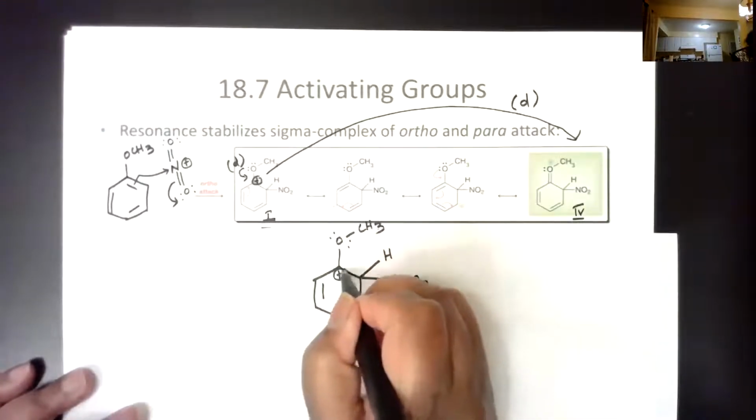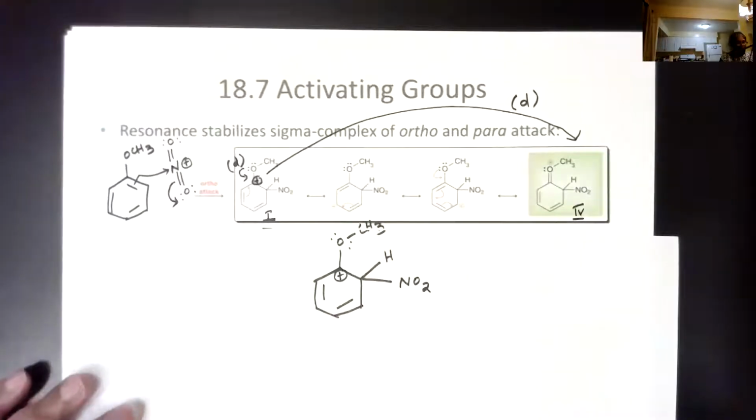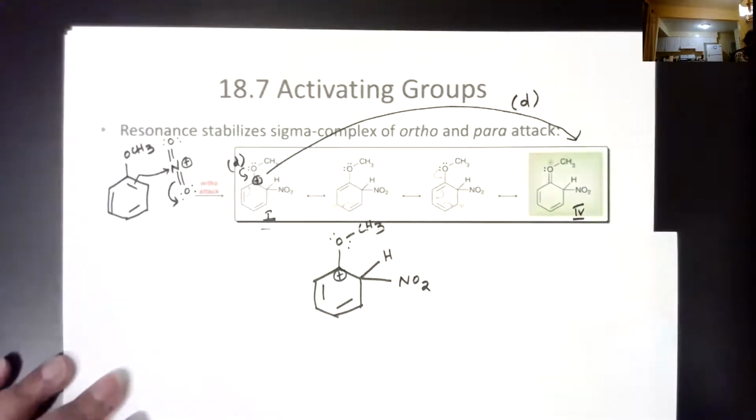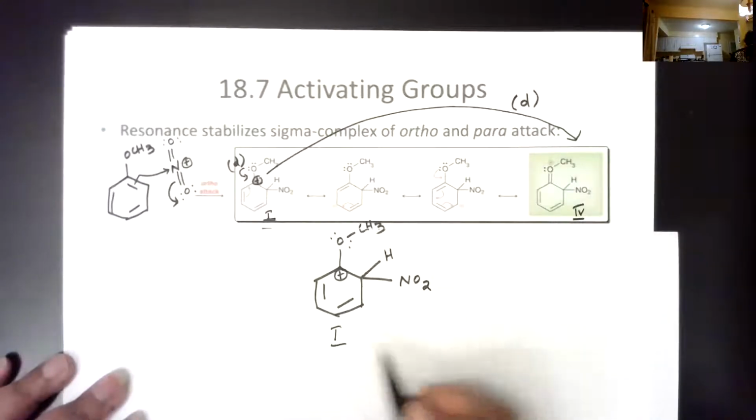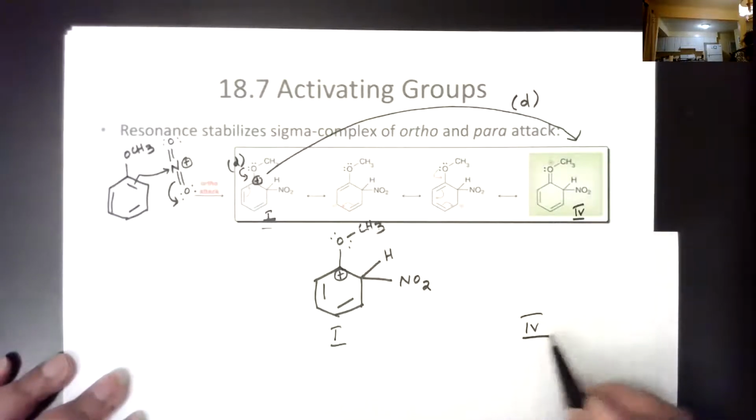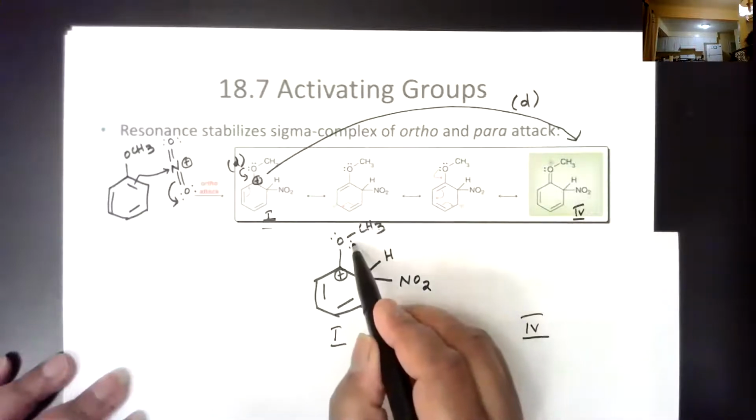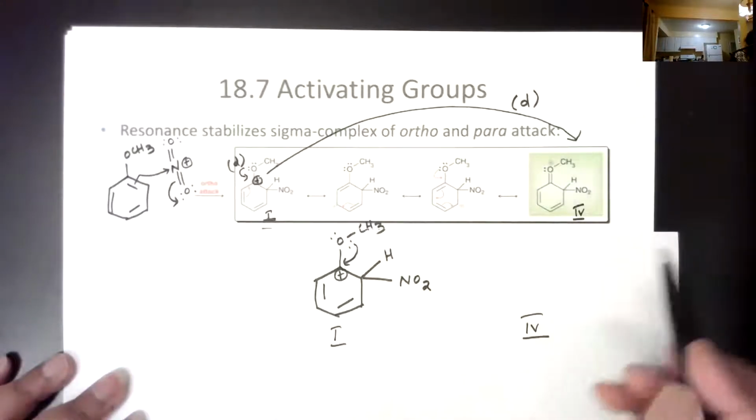We have the positive charge there. You see that? Now, this is 1. To go from 1 to 4, that happens.